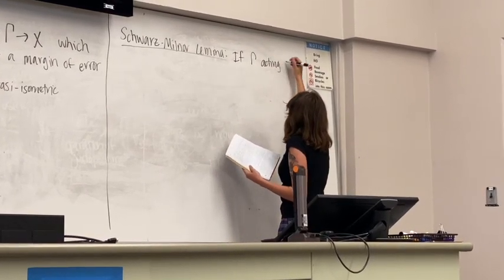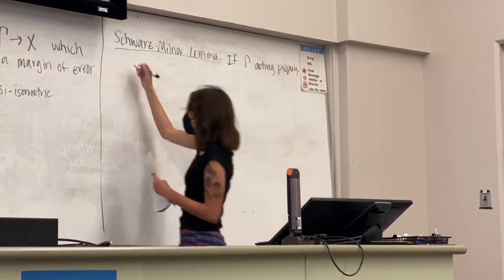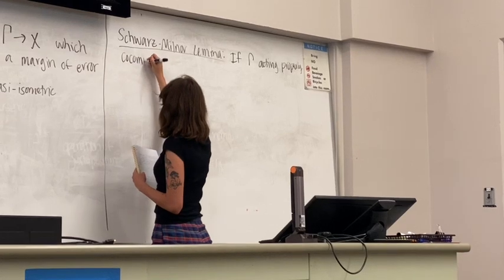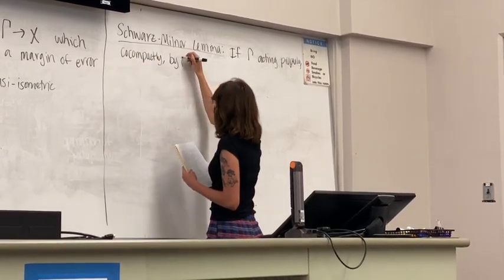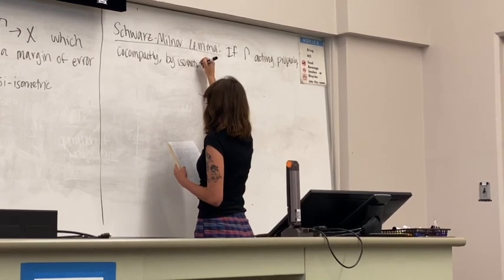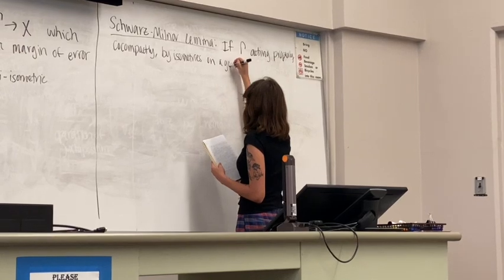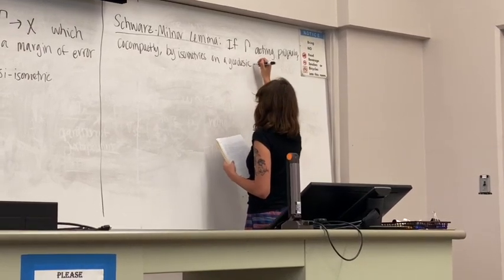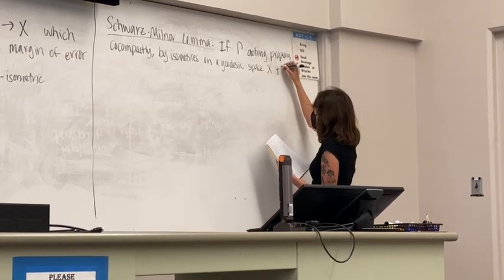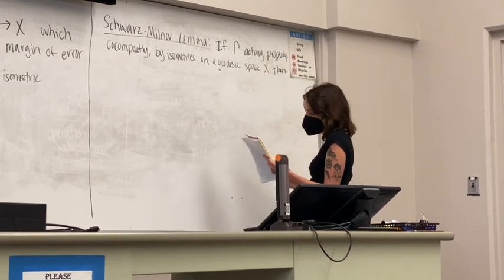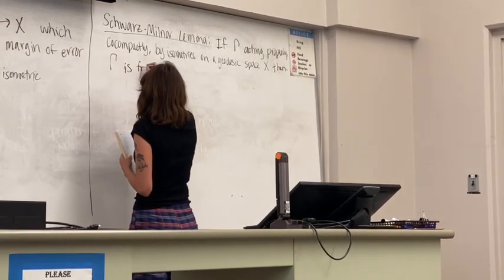if we have gamma acting properly, co-compactly, by isometries, on a geodesic space X, then we have that gamma is finitely generated.